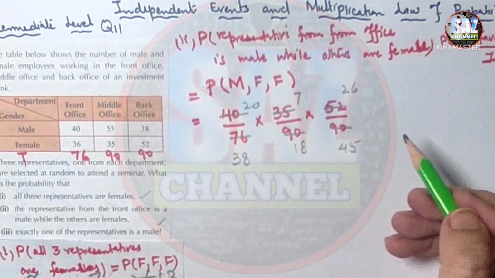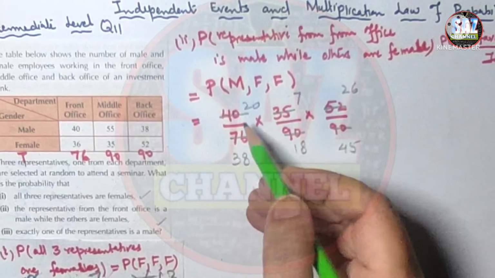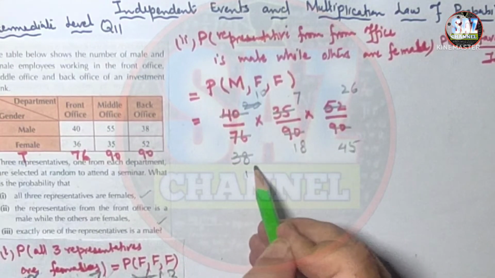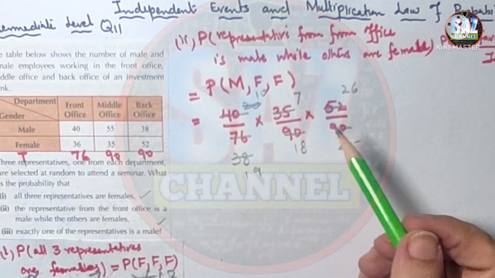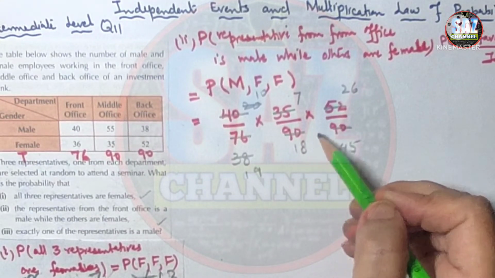Now which tables can go easily? The factors cancel, and 7 and 18 cannot go.